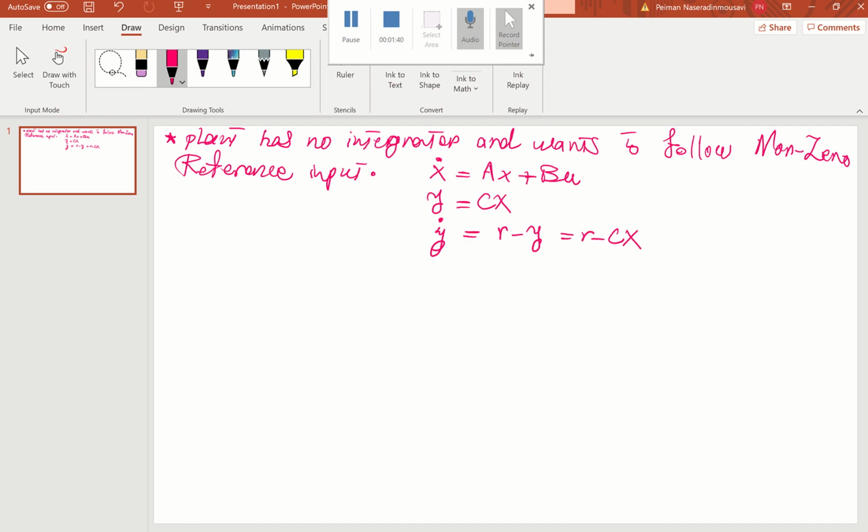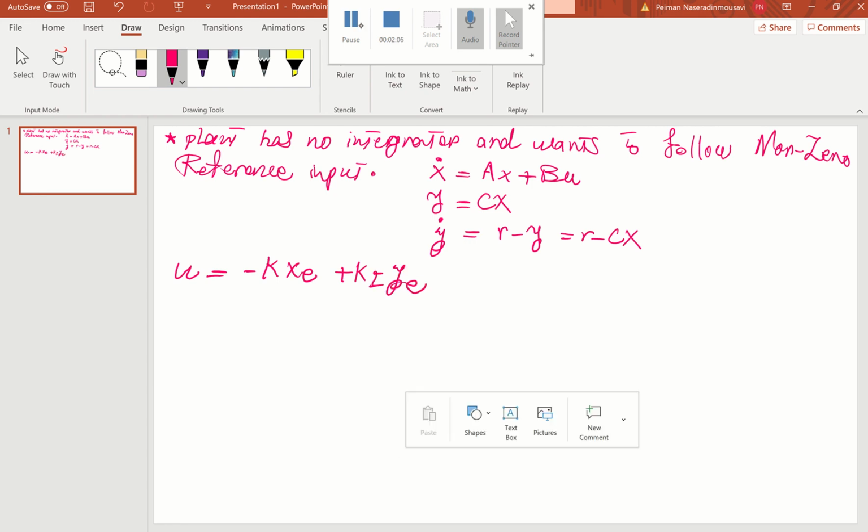We said that the control design was minus k modified x, that if you look at the part 15, plus k first element of that in zeta modified. Please go and look at this part 15, that how we derive this modified. That's right.